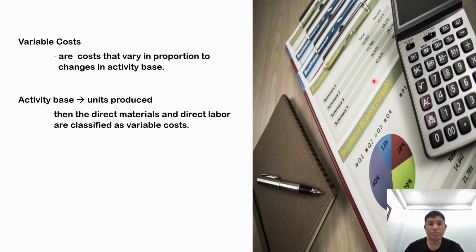So variable costs are costs that vary in proportion to changes in activity base. So when the activity base is units produced, then the direct materials and direct labor are classified as variable costs.